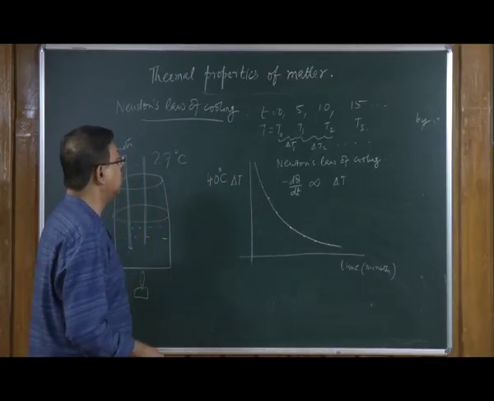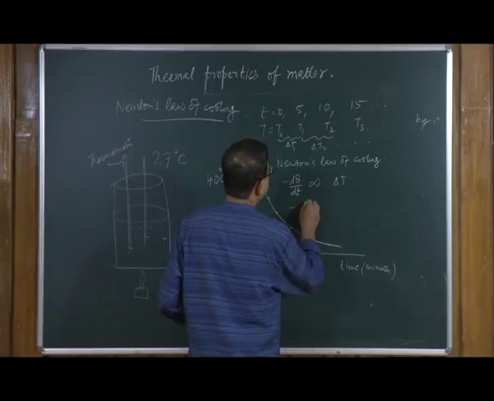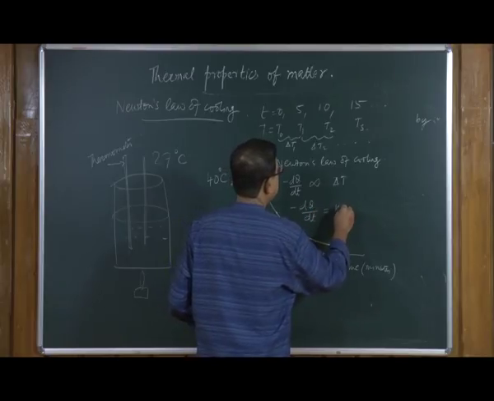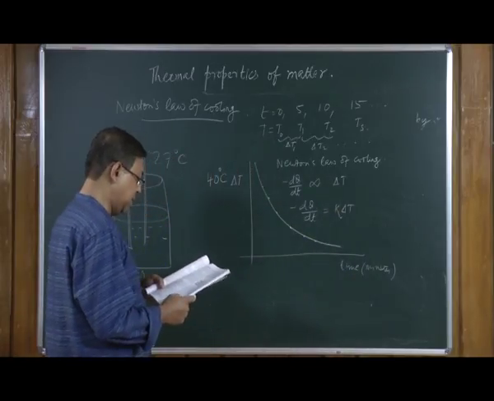So, this is the law. One can write it as minus dQ/dt equal to some k delta T, where k is some constant.